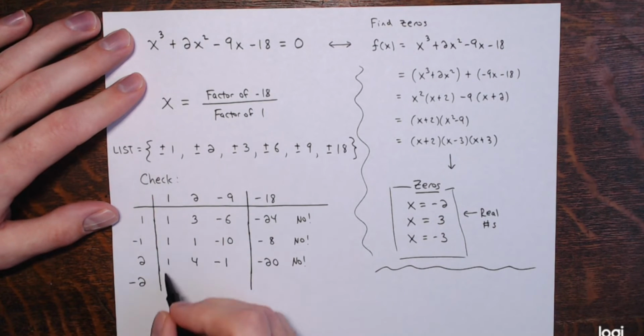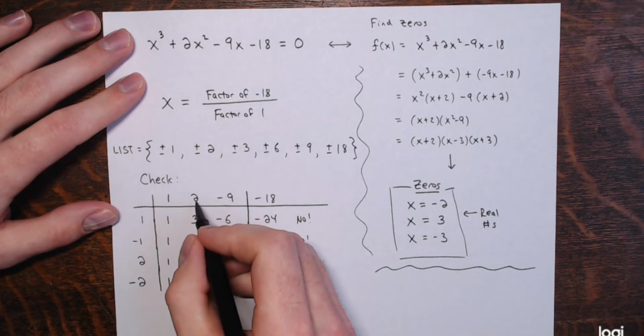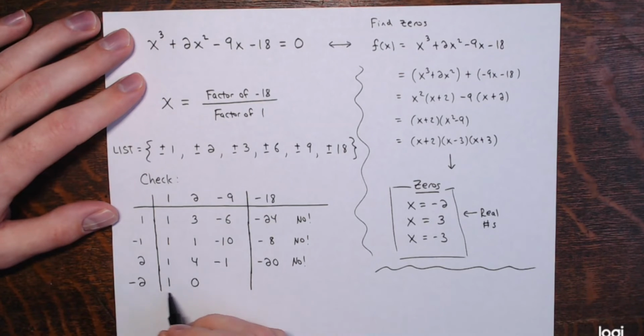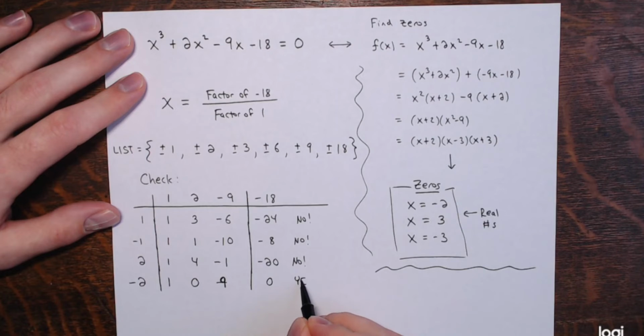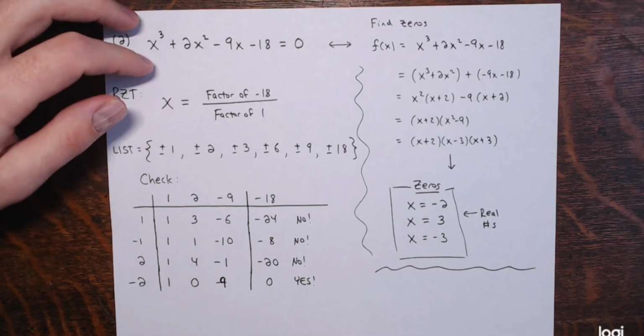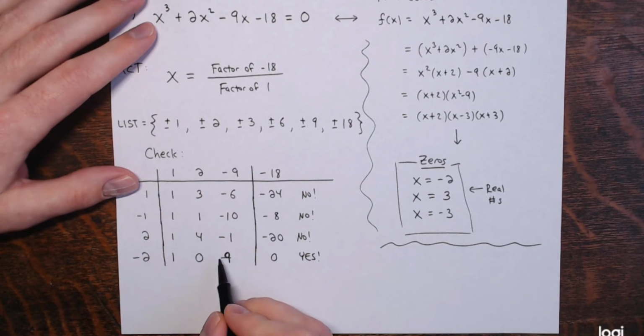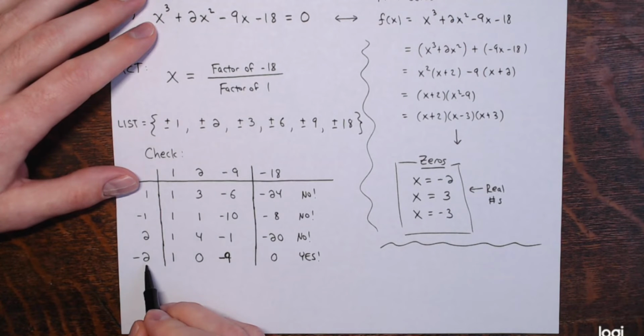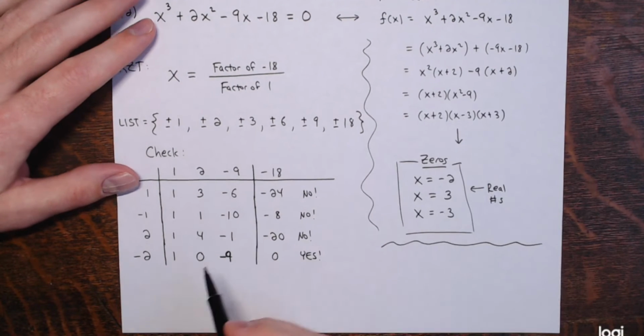So drop the 1. -2 plus 2 is 0. 0 plus -9 is -9. And then -2 times -9 is +18 plus -18 is 0. Hooray. And then as I said earlier, once you find a 0, you should be able to factor this polynomial, right?